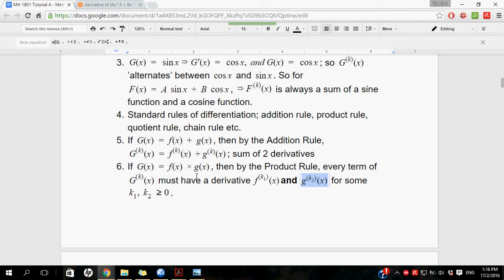So just repeating the product rule on such an expression will allow us to draw such a conclusion regarding the expression for any kth order derivative of the function g. It should have this form. It's a sum of terms of derivatives of f and g.